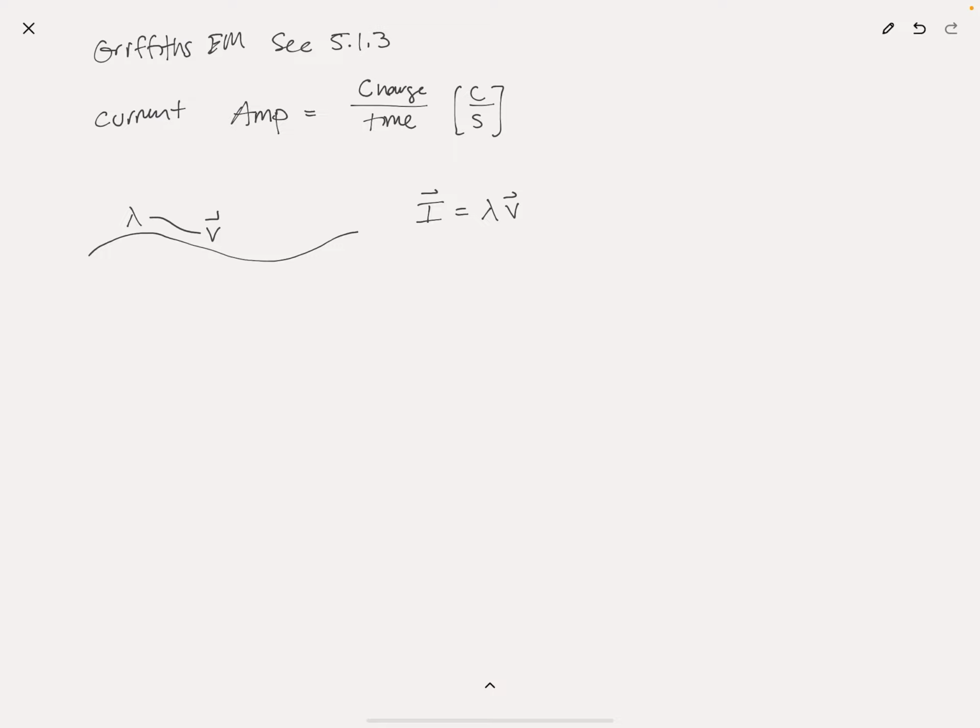So if I have a wire that's carrying some current, and that wire sits in a magnetic field, that wire will feel a force. It will feel the magnetic force, which is given by this expression right here, which is just the integral version of a previous video.